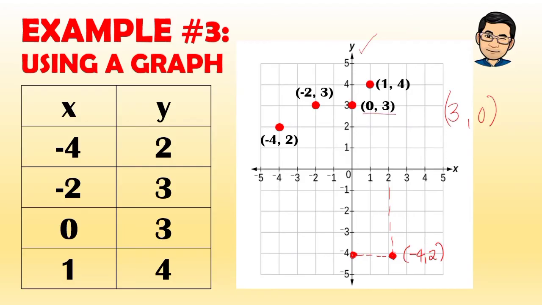So, start tayo dito, 3, sa x-axis. And then yung 0, katapat niya, yung nasa gitna, yung origin. Nandito ang lugar o location ng 3, 0. So, usually kasi nagkakaroon sila ng confusion sa 0, 3, 3, 0, o kung anumang ordered pair yun na magkabilaan yung 0. So, I hope it's clear.